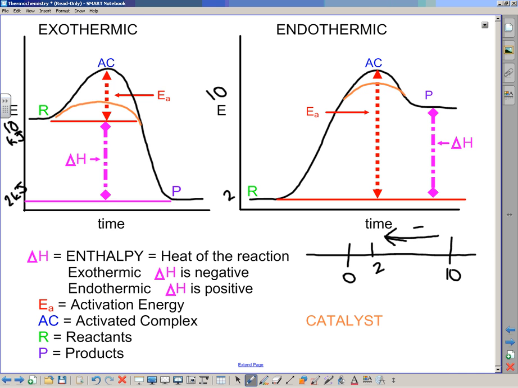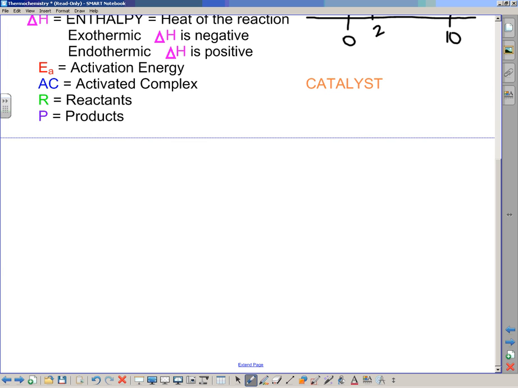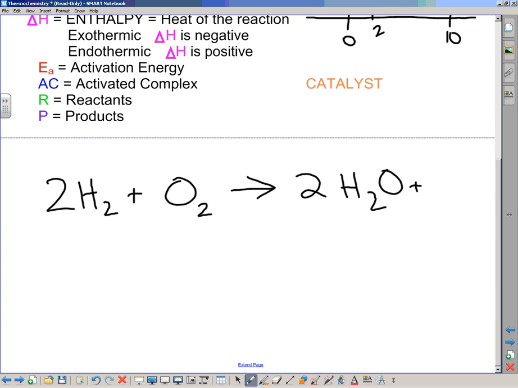Now, where does that energy go? If we take a look at a reaction that we did 2 weeks ago, the balloons, we had 2 molecules of hydrogen gas reacting with 1 molecule of oxygen gas to produce 2 molecules of H2O. Again, numbers, I'm kind of making them up.